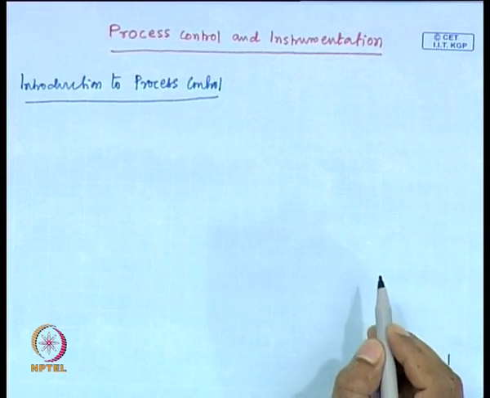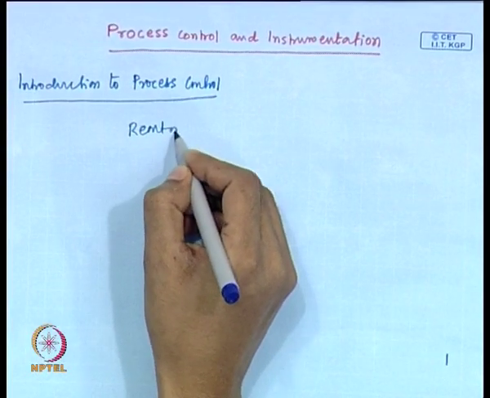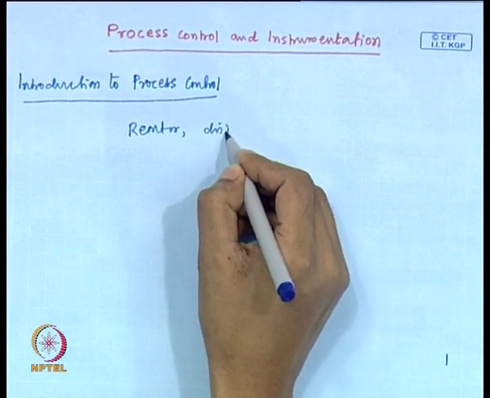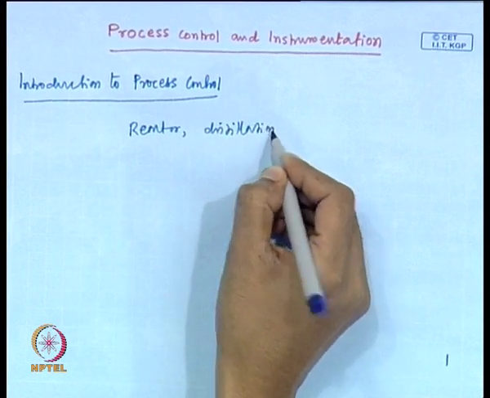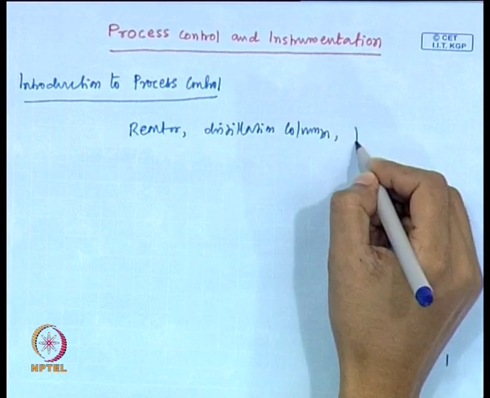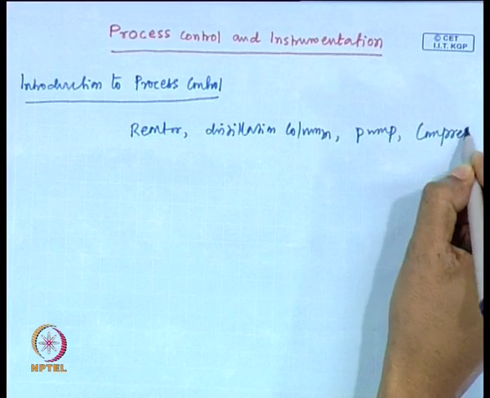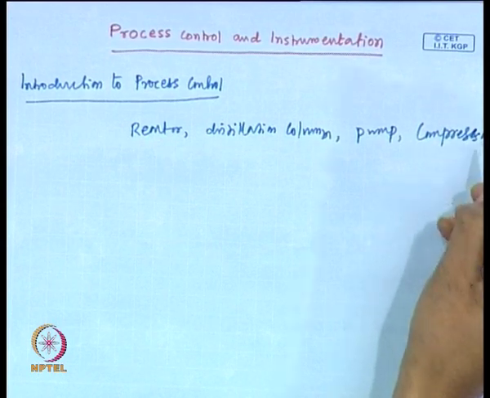Now, in chemical engineering, we have a number of chemical units. For example, reactors, distillation columns, pumps, compressors, etc. These are the different units which are extensively used in chemical engineering.